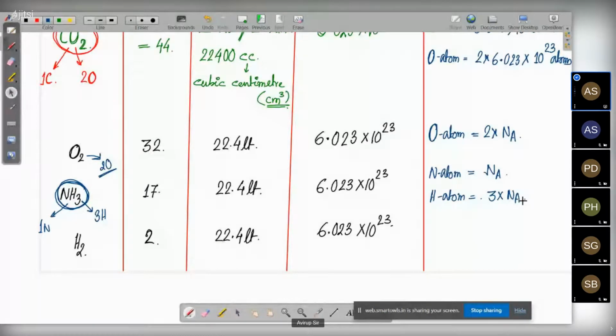Is it clear to everyone? Now tell me hydrogen: how many hydrogens are there in one molecule? 2 hydrogen. So what is the total number of hydrogen atoms? It is 2 into Avogadro number, because one molecule has 2 hydrogen. Avogadro number of molecules is going to have 2 into Avogadro number. Is it clear to everyone? Please let me know.